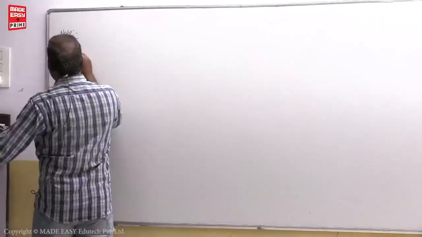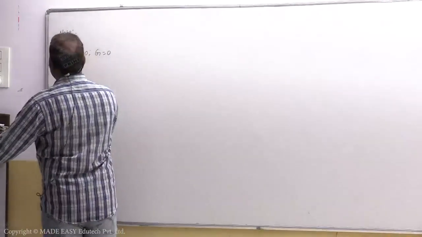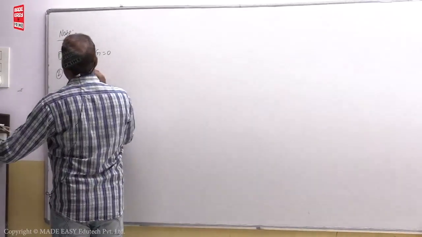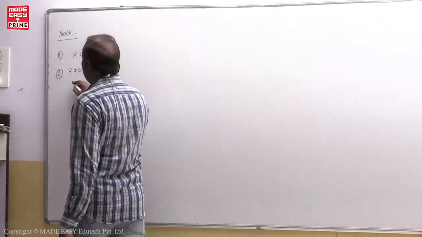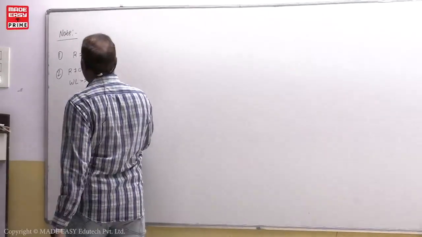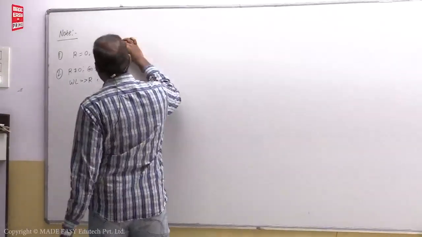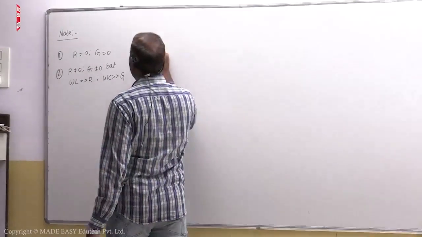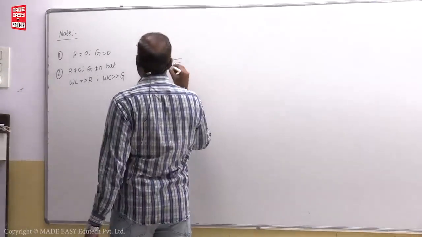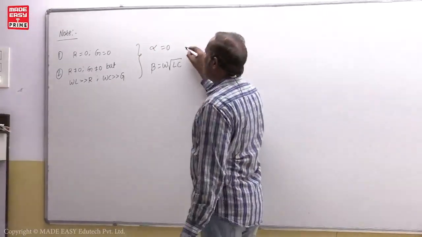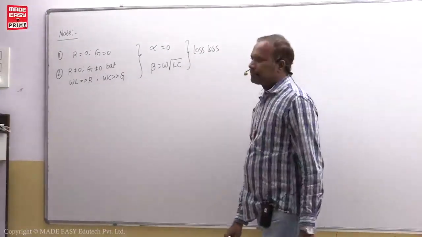First one, if R is equal to 0, G is equal to 0, second one, R not 0, G not 0, but omega L is much greater than R and omega C is much greater than G, then for this case also, for both the cases you got alpha 0 and beta is equal to omega root LC. So both are actually lossless cases.